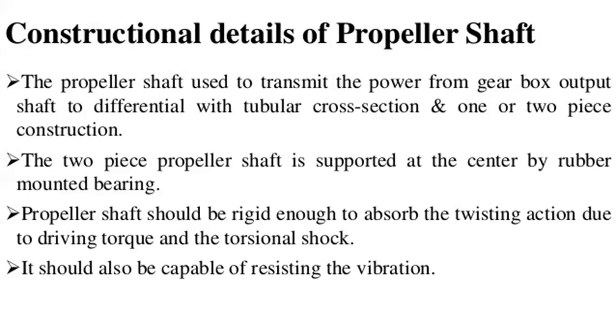In that rotation, the propeller shaft gets different types of loads acting on it. That's why it is rigid enough to absorb the twisting actions due to the driving torque and the torsional shocks. It should also be capable of resisting the vibration, so the propeller shaft should control the vibrations also.